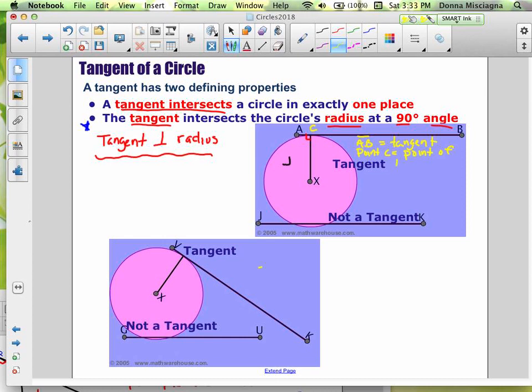That's where the tangent intersects the circle. CX here is a radius. Because AB is a tangent, AB is going to be perpendicular to CX. Right? So tangents are perpendicular to the radius they intersect.